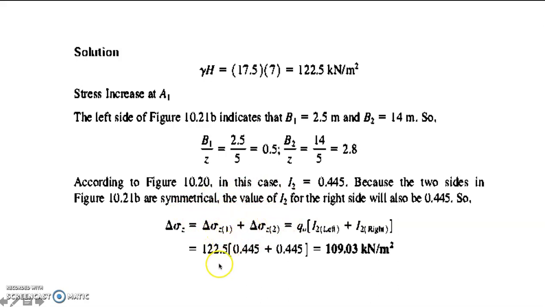So you multiply that by our Q: Q times the stress at A sub 1 on the left side, and Q times the stress at A sub 1 on the right side. We simplify that, so the stress increase at point A sub 1 is 109.03 kilonewton per meter squared.